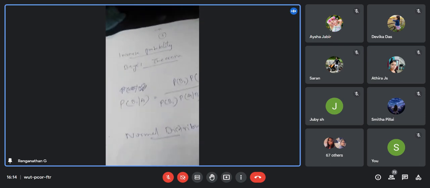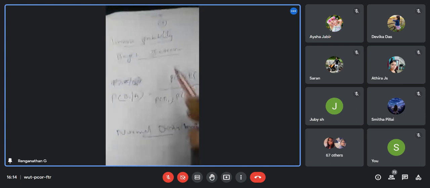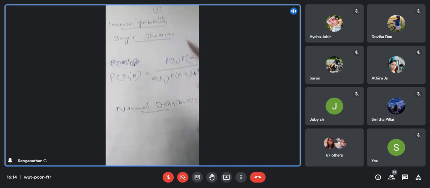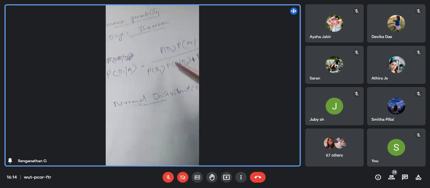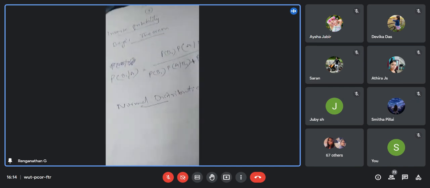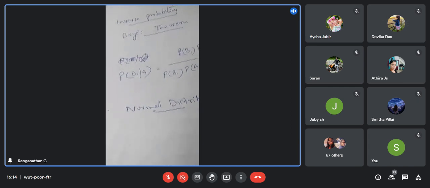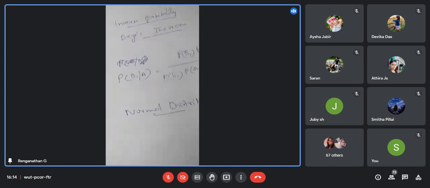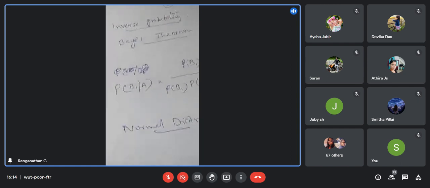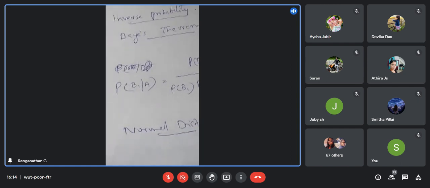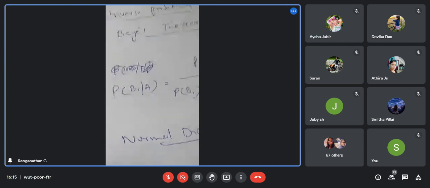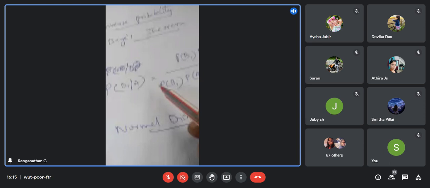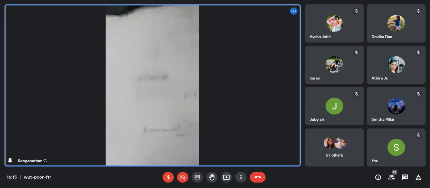I think it will be clear by solving a question. But for that purpose, you have to write down a formula here, the Bayes theorem formula. Can you see this formula? Here I wrote two events as B1 and B2. Two types of events are here, B1 and B2. And there comes a new event called A, and because of this A, the event B1 or B2 may happen.